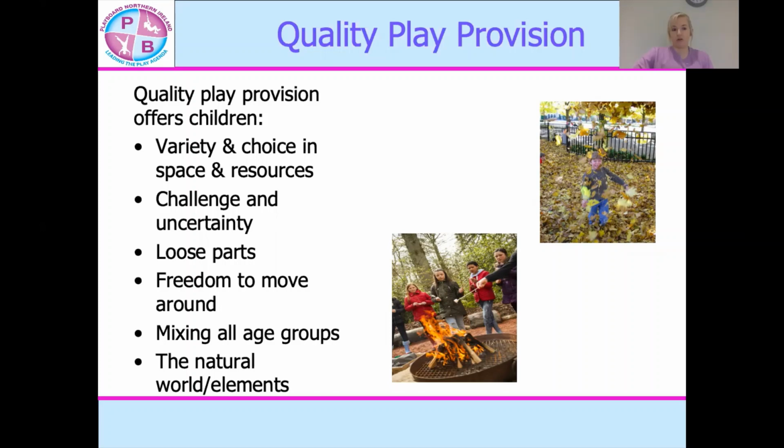A lot of, obviously, adults will be very scared to have children near fire, but if it was an activity that you would be open to, for example, having a wee fire pit, toasting some marshmallows, I've done it in so many play sessions, and it's always the children's favourite thing to do. If you just have a bit of a chat with them about the safety aspect first, 100% they will love every minute of it.